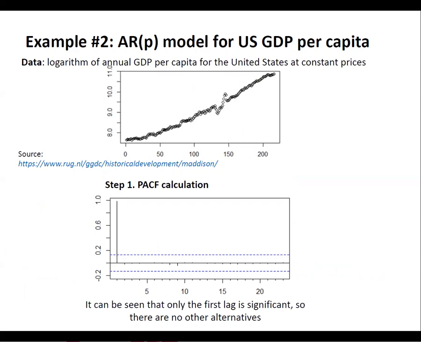We are starting to study these models deeper and deeper, and now consider the following example. We have data on the logarithm of annual GDP per capita for the United States at constant prices. This is data starting from about the 19th century.